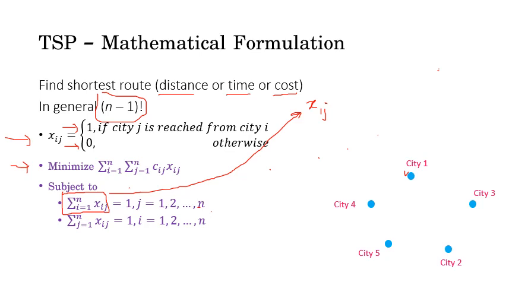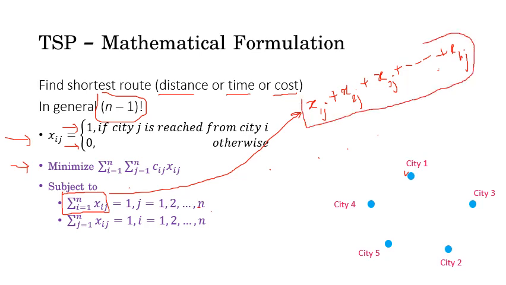So x1j plus x2j plus x3j plus and so on up to plus xnj equals 1. Okay, then this equation has to be repeated for every j.